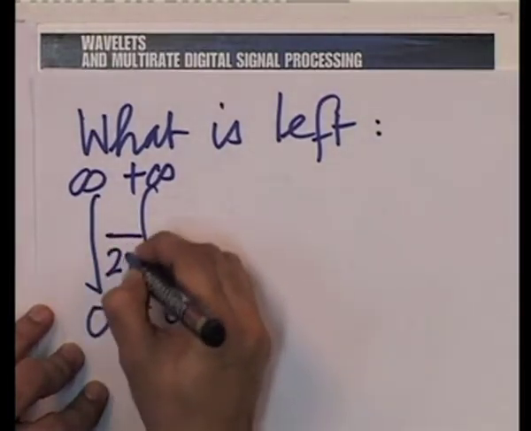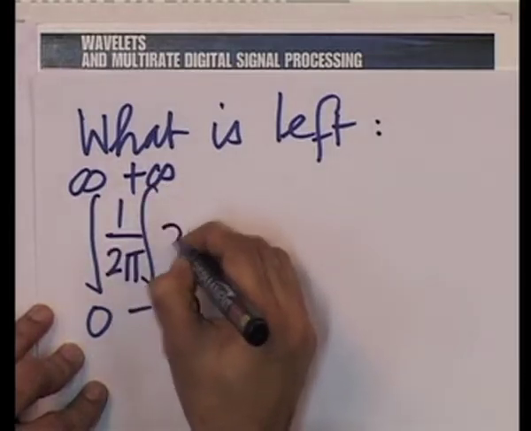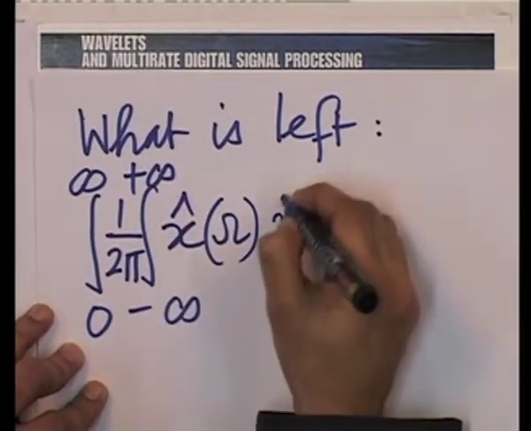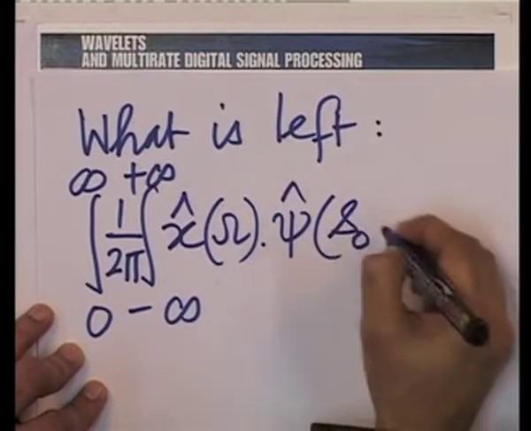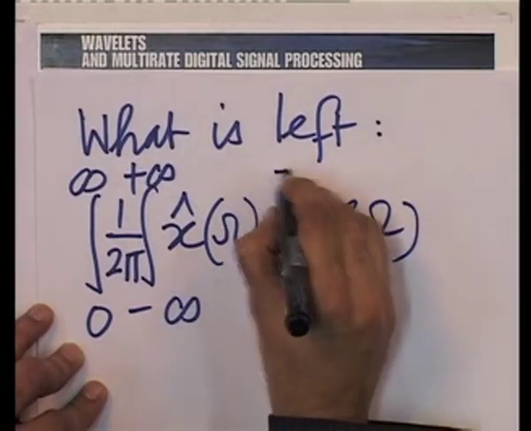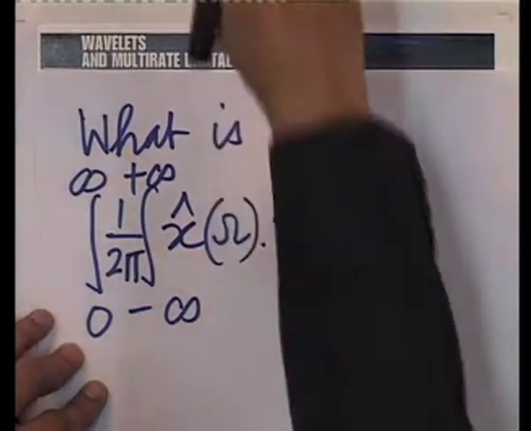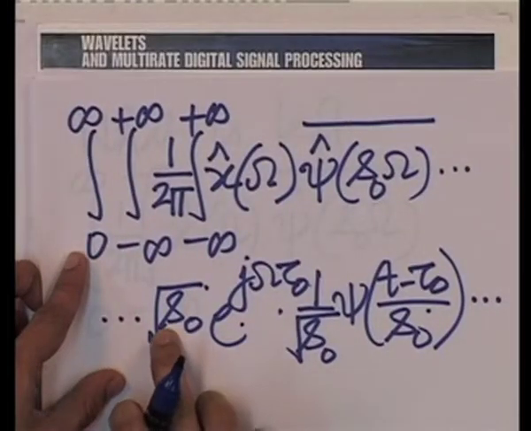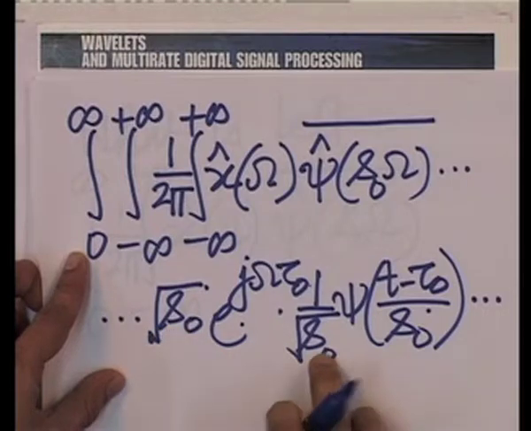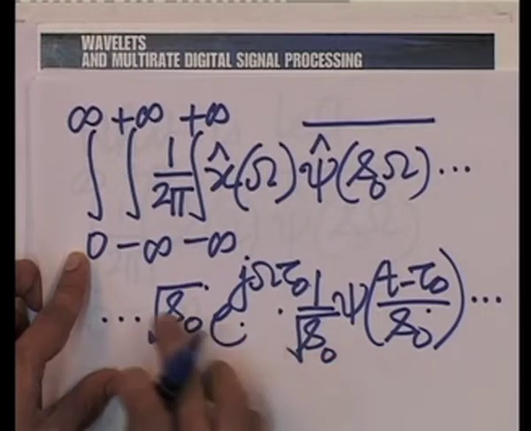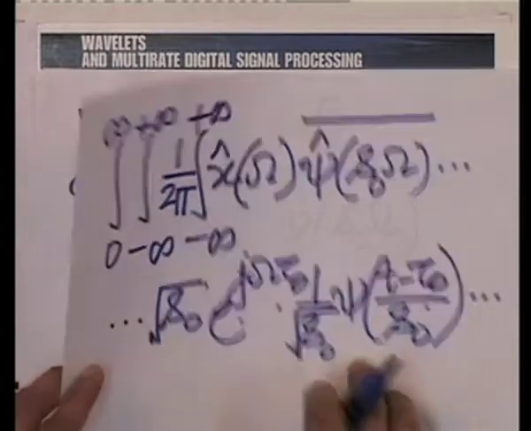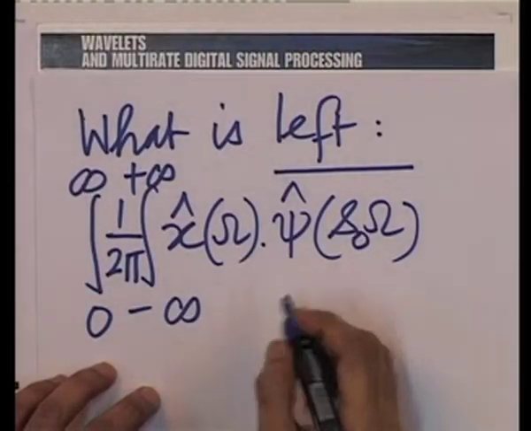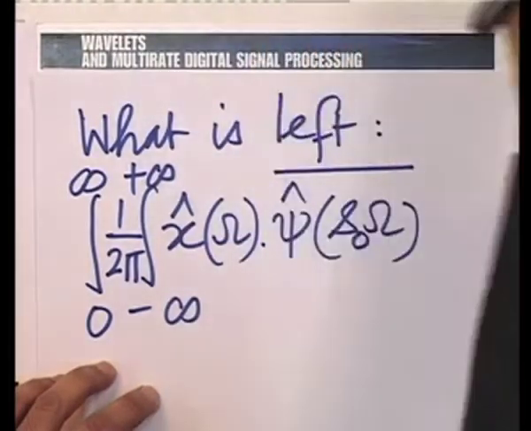The 1 by 2 pi we keep as it is, x cap omega, psi cap S naught omega bar. You will note that this square root of S naught and the square root of S naught in the denominator cancel. So, this goes away. So, I remove them, the rest has been collapsed.